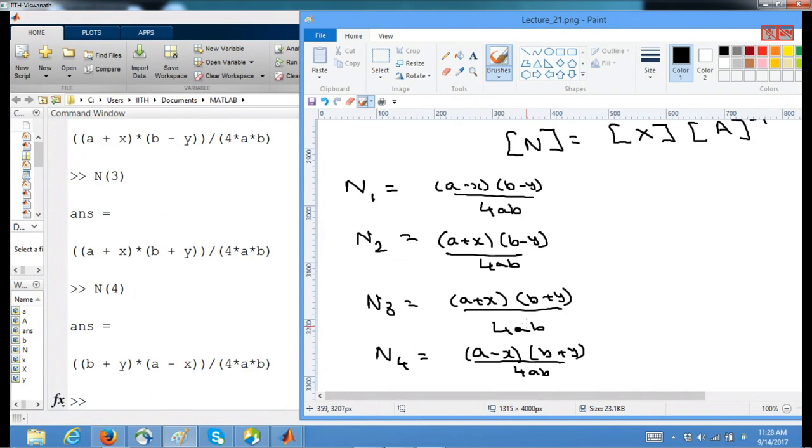So this is how we have developed it, and the same thing can be used for a different set of shape functions.